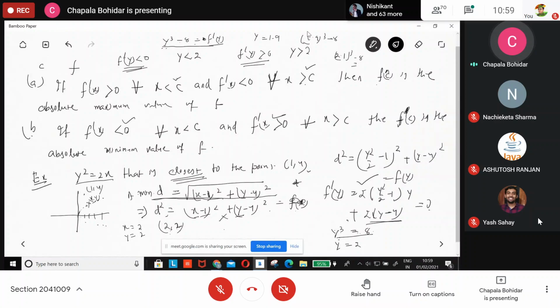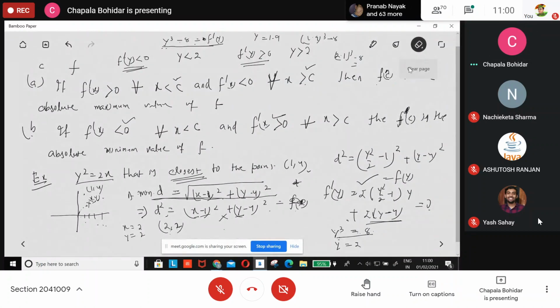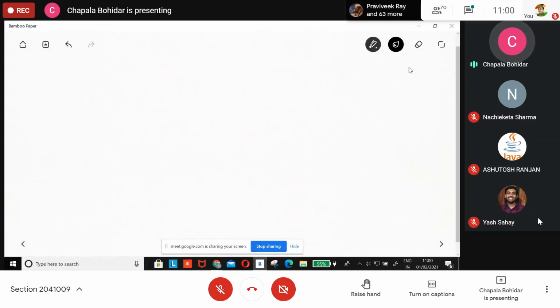So write down question number 5. What is the maximum vertical distance between the line y is equal to x plus 2 and the parabola y is equal to x square for -1 less than or equal to x less than or equal to 2?